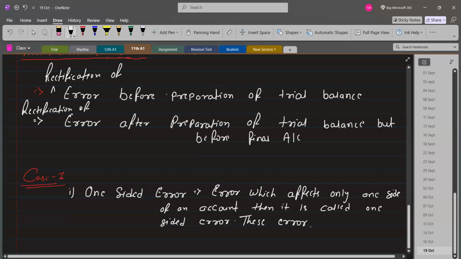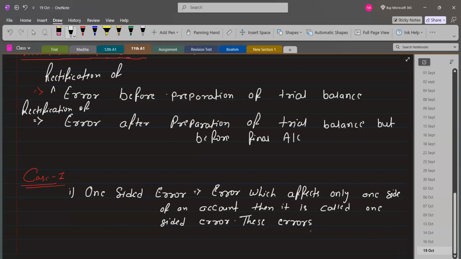So do we have to write the case one? Yes, we have to write this one. After that, I will explain. Okay.